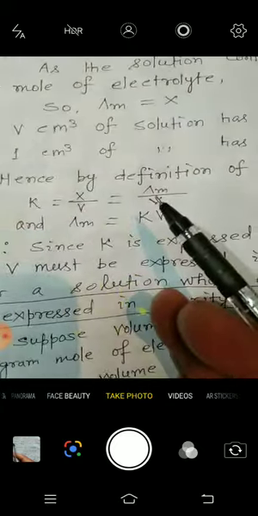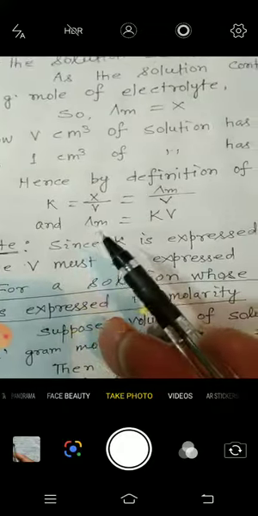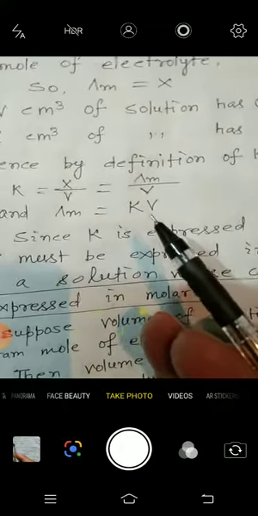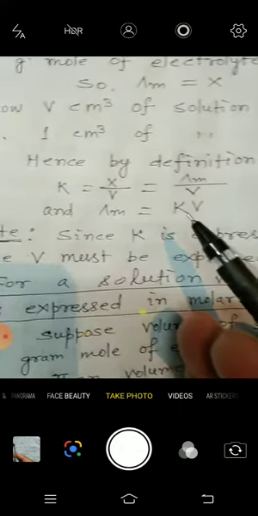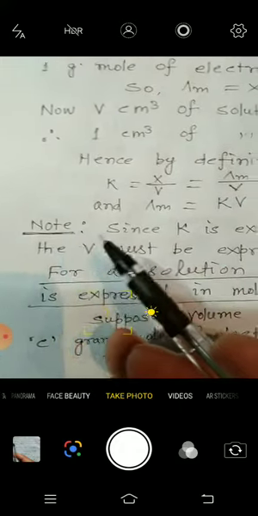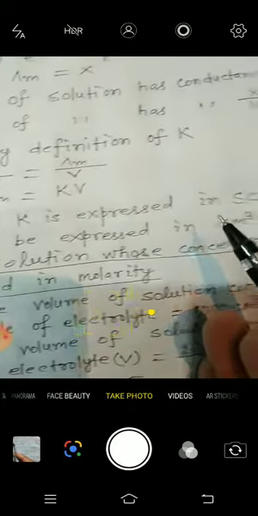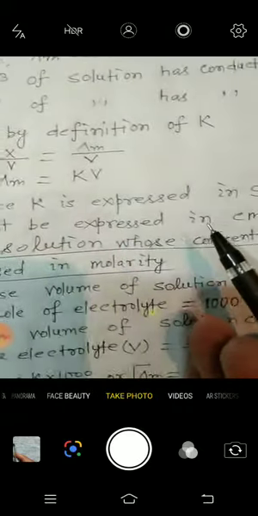So molar conductivity will be equal to conductivity multiplied by the volume of the solution. Note, since K is expressed in S cm inverse, V must be expressed in cm cube.